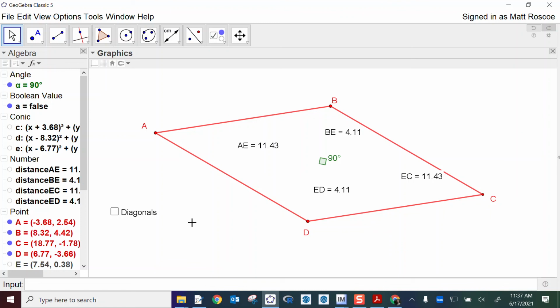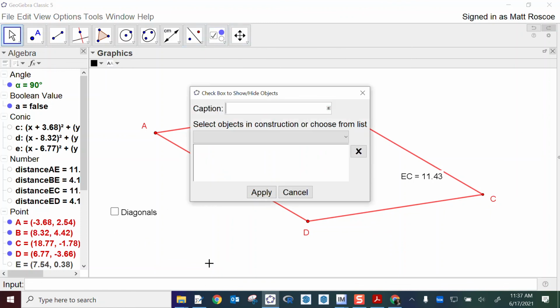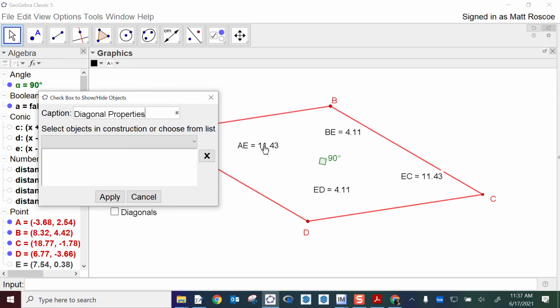So I'll leave them hidden, and then I'm going to put another checkbox in and say diagonal properties. Here I'm going to show and hide all of these things that we discovered, which are this length, this length, this length, that length, and this angle.